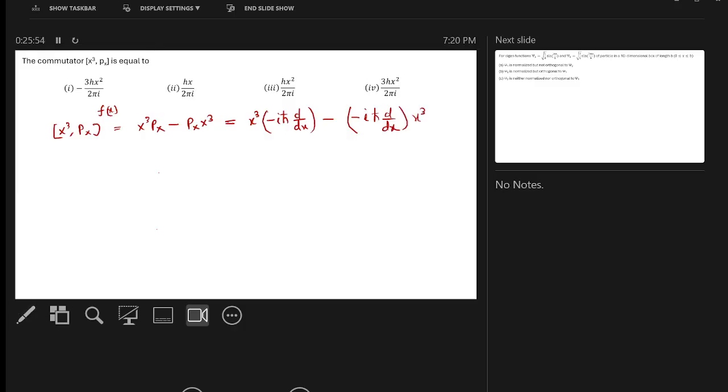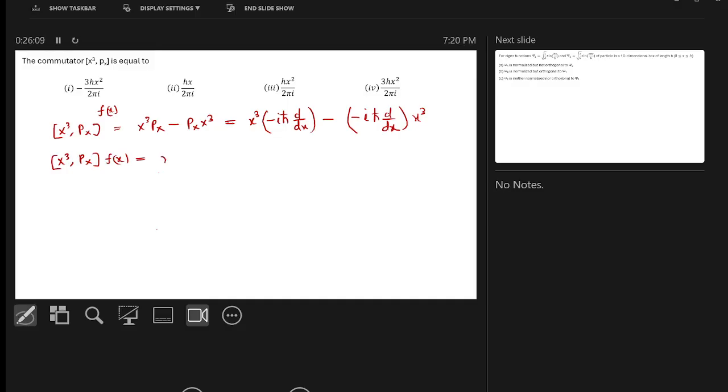Now let's try to apply it on some function. So you can write x cube px on some f(x).